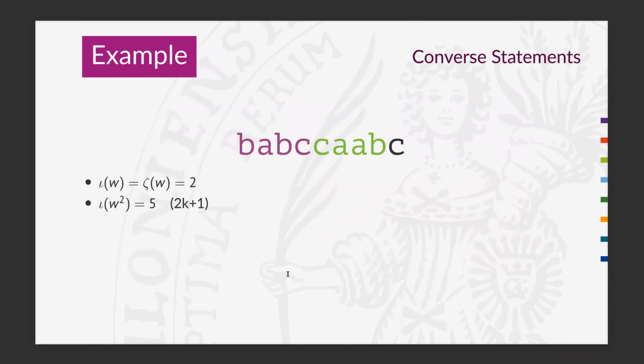And if you double it, you get a 5, so you get an additional arch in between. But if you take W 3 times, then you only get 3K plus 1. So from W to W squared, you get an additional arch. From W squared to W cubed, not.